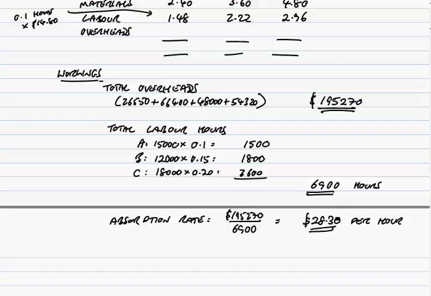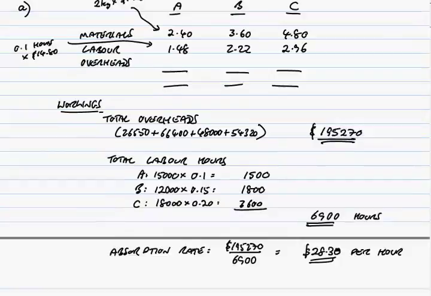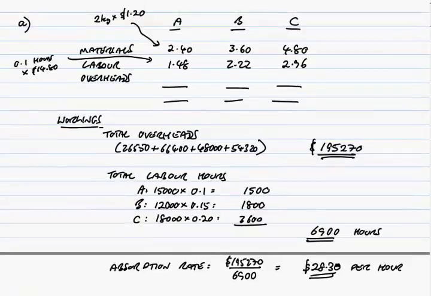Now we can go back to our cost card and we'll charge the overheads at $28.30 for every labour hour. So again, product A, from the top table it takes 0.1 hours per unit. At $28.30, that's $2.83.